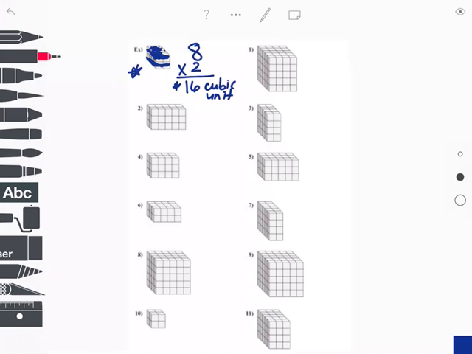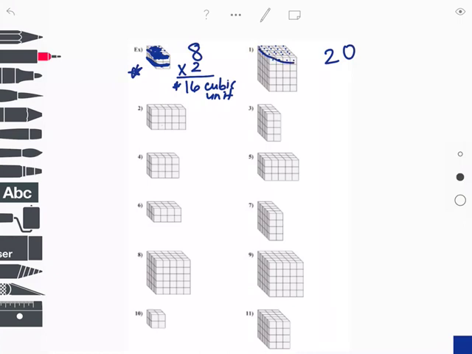We can do the same thing on this next one. So remember, it's always easy to count the top layer and then just make sure to count all of the rows that the figure has. So here we have 1, 2, 3, 4, 5, 6, 7, 8, 9, 10, 11, 12, 13, 14, 15, 16, 17, 18, 19, 20. So we have 20 on the top row.